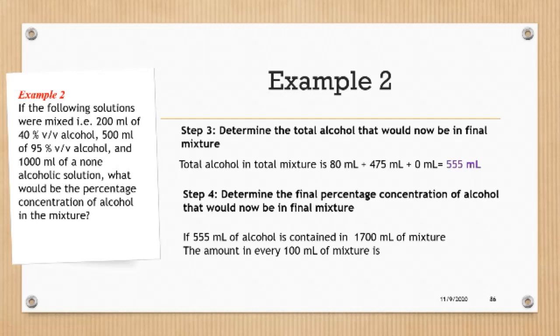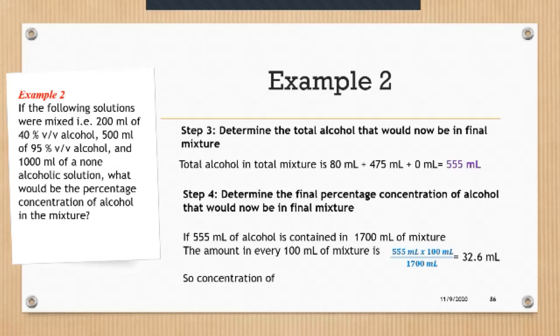You get 1700 mils. Total alcohol that will be present in the 1700 mils will be 555. And then you determine how much will be in each 100 mils, which is the percentage strength, which is 32.6 mils. So the percentage concentration is going to be 32.6% volume in volume.